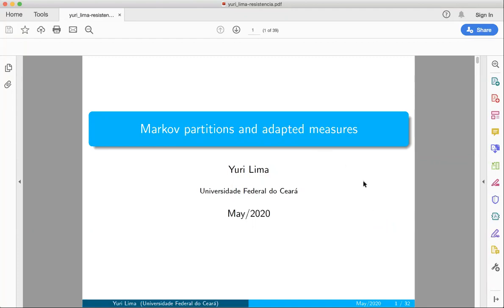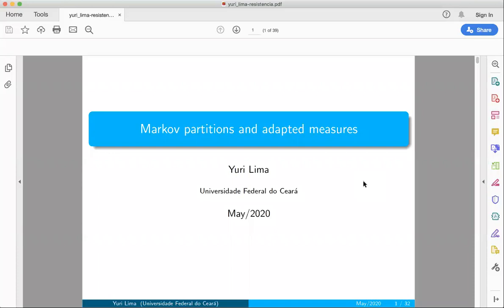So I'm going to start my talk now, and as Lorenzo said, I will talk about Markov partitions and adapted measures. Most of you might have heard about Markov partitions. I will not try to give the proper definitions, and instead I'll try to recall what they are by means of pictures.